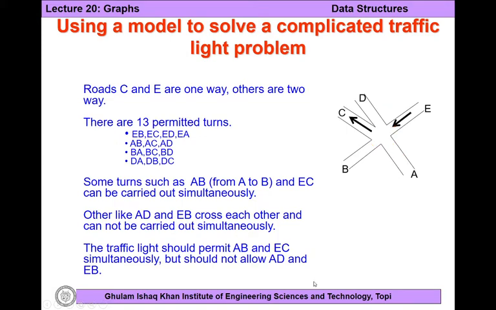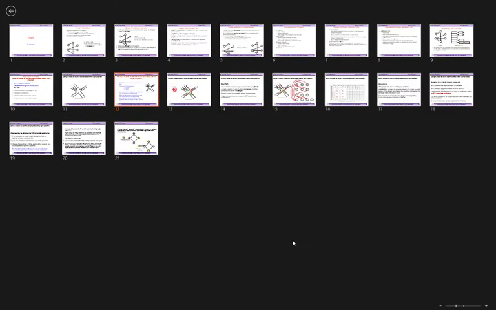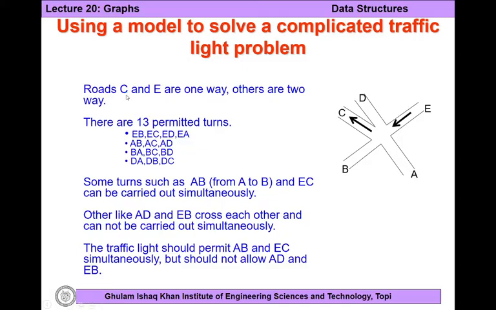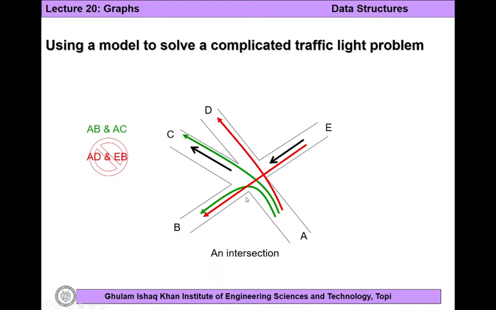No problem. But if we open the turn from A to D, at the same time we open the turn from E to B, so this is for sure going to result in a collision, right? So once we have identified the 13 turns, we need to identify those turns which cannot be opened or allowed simultaneously, right?